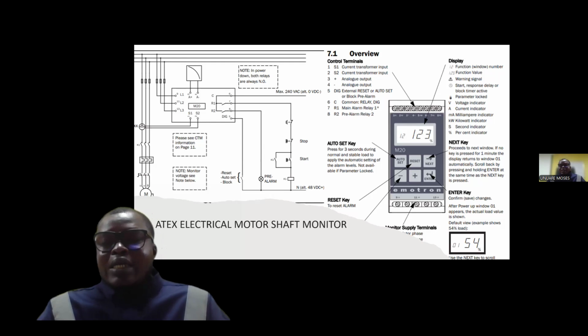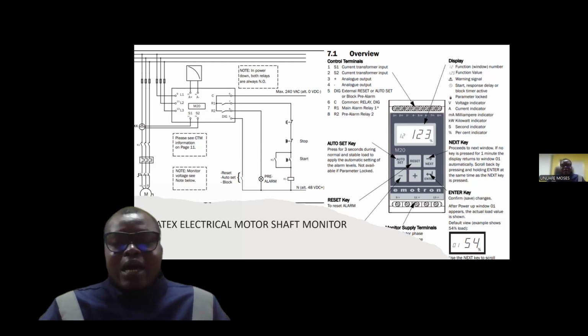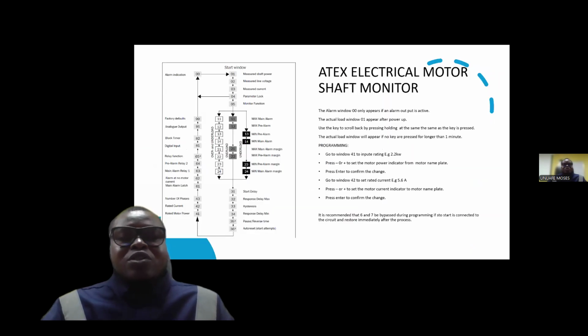I want you to understand that all these settings are inputted to ensure successful programming of the shaft monitor by using the reset key, the auto set, the next key, and the enter key for inputting. And for us to continue this, we have to follow a start window.